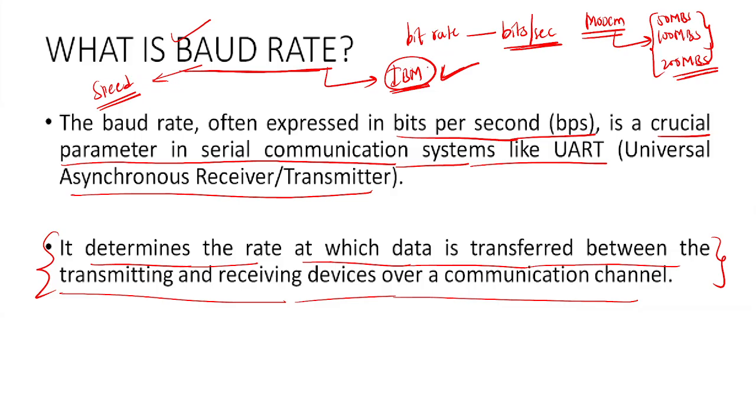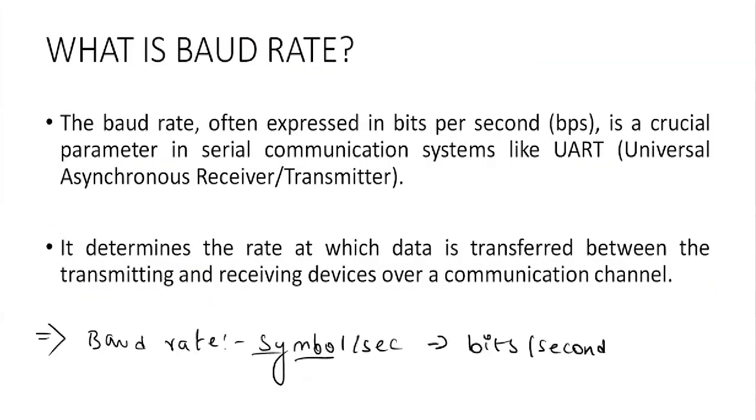IBM has given fixed baud rates like 9600, 4800, or 1,20,000, which we'll discuss. So baud rate is the number of signals transmitted per second, or symbols transmitted per second.